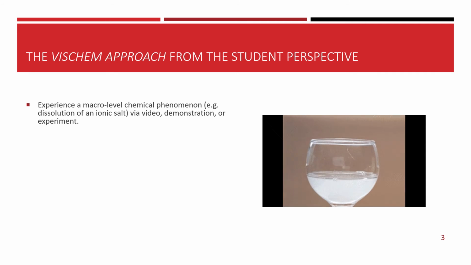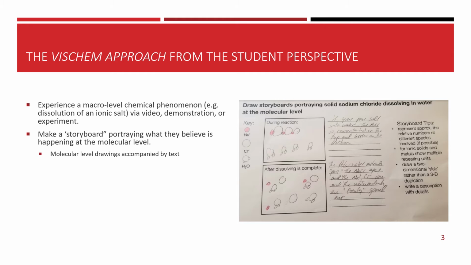And this will be followed by the students drawing a storyboard of what they believe this process looks like at the molecular level. And this storyboard consists of drawn sections and accompanied text to describe what is happening in their drawings.